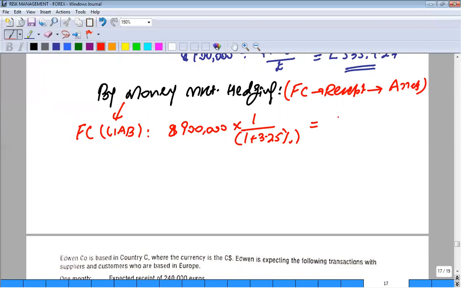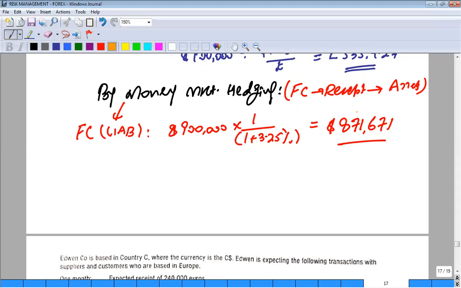That means we have to create a liability of US dollar 871,671. We have to establish a foreign currency liability of 871,671. And what to do after?